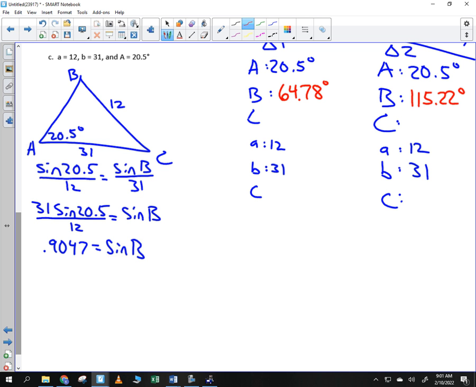Do you see how I got the 64.78? Then I took 180 minus that to get this. That's the only part that's confusing. The rest, we just figure out like normal.